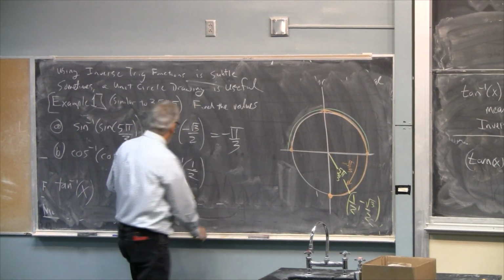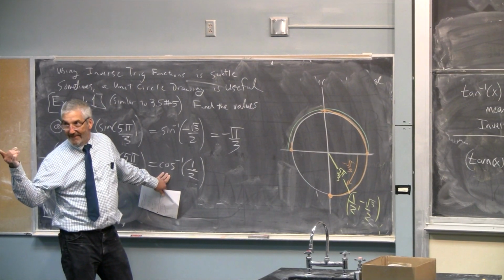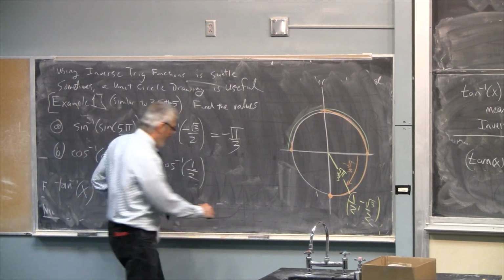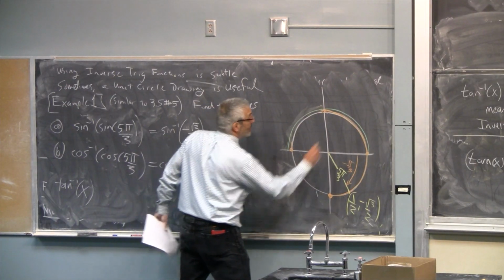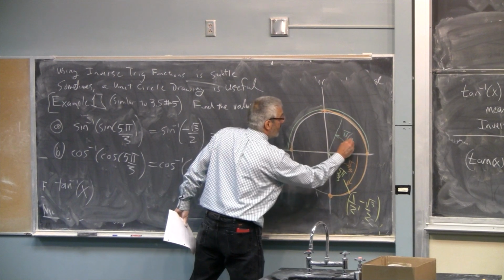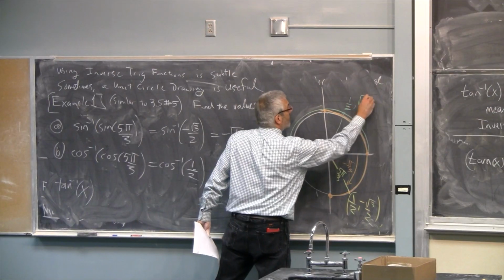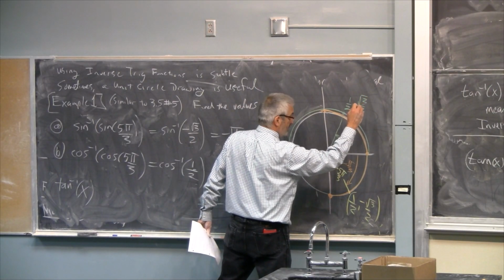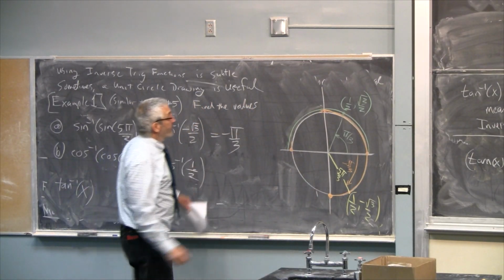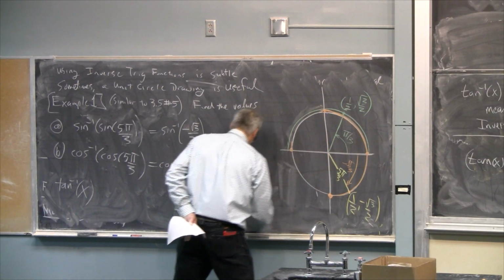So what's the green angle whose cosine is 1/2? Exactly. So for cosine, what we're interested in is this angle, pi over 3, because this point is 1/2, radical 3 over 2. So that green angle is the only green angle that has a cosine that's the number 1/2.